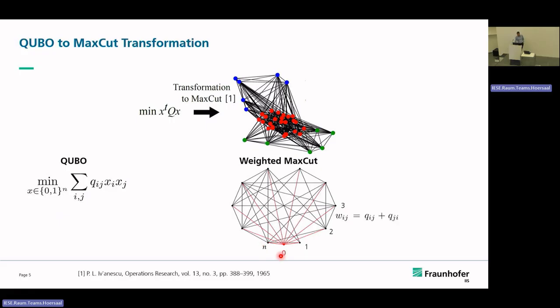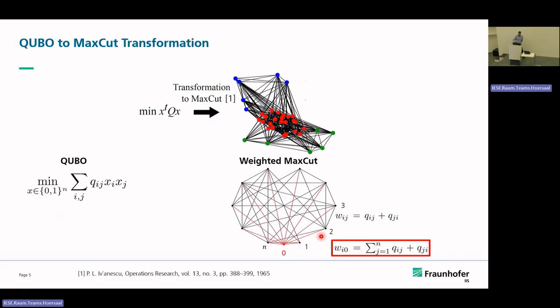And the weights are chosen in such a way that between vertex i and j, you have the corresponding QUBO values. And for this additional vertex, when you have the QUBO matrix, you sum over the specific row and column corresponding to i, and that is what gives you the weight of 0i.